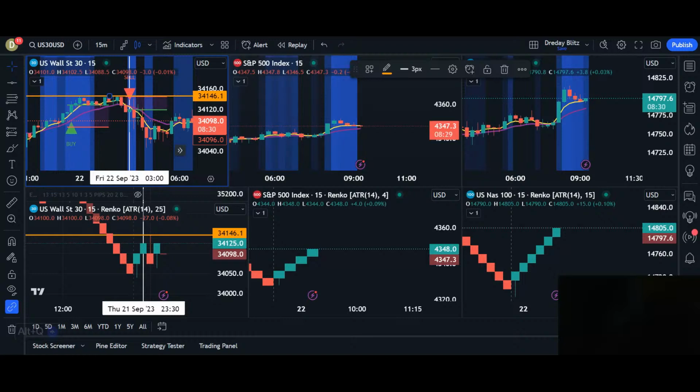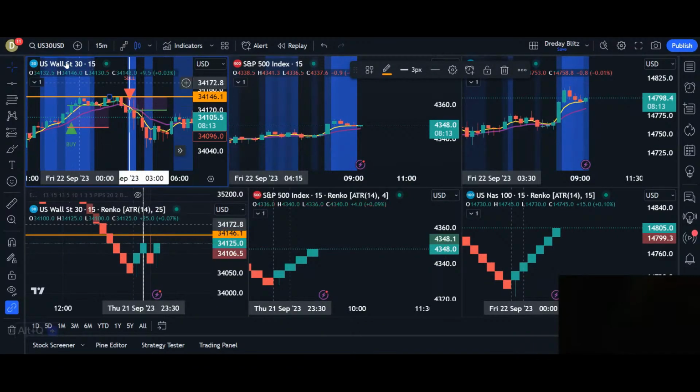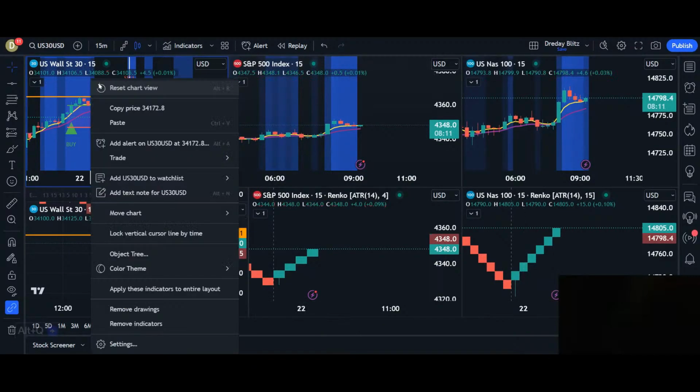Like I said, at 9:45 there will be news events, so we're just going to look at what happens overall in the market. If you have any questions regarding the system or anything like that, make sure to put them in the chat.